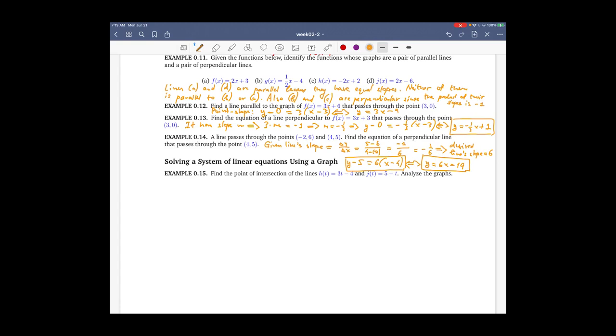Finally, the last example here is finding the point of intersection of two given lines, 3t minus 4 and 5 minus t. And graphically, of course, this will have a clear interpretation.